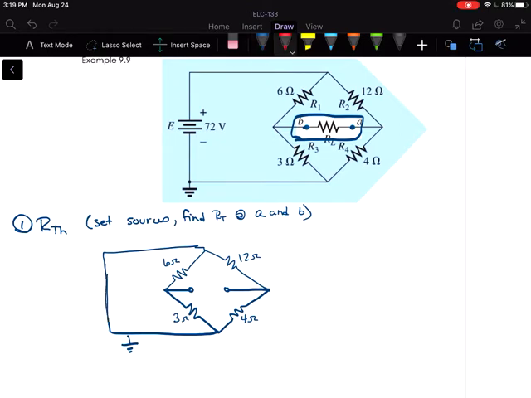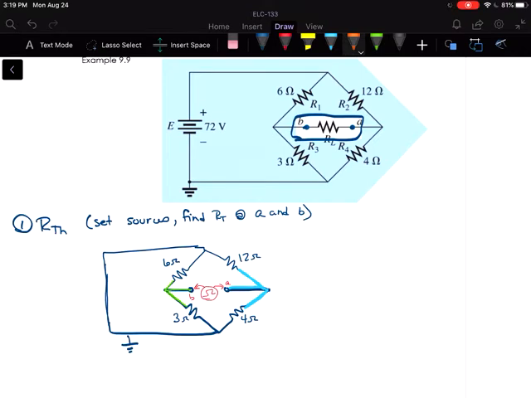Then we're going to take our ohmmeter right here and connect it to our terminals A and B and measure the resistance there. So this is a little bit tough because we're going to have to talk about how these are all connected. So from A, that side is connected to the 12 ohm resistance, and it's connected to the 4 ohm resistance over here. And it's connected to the 6 ohm resistor on the other side and the 3 ohm resistor over here.